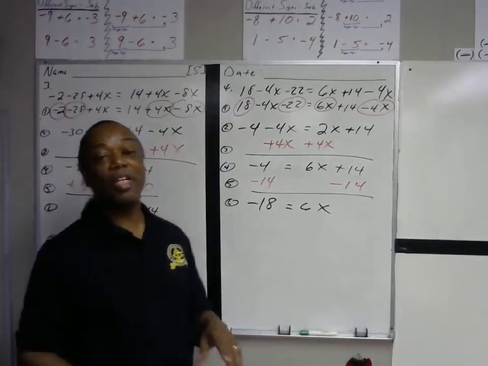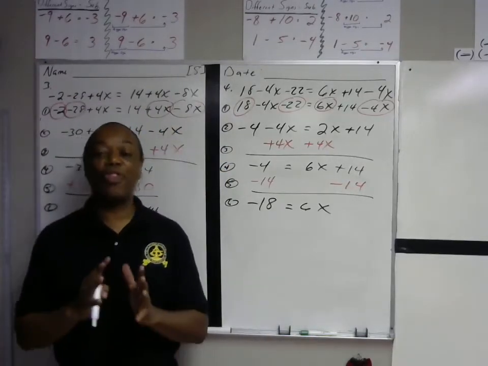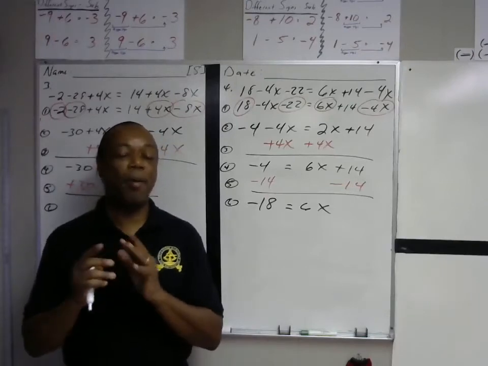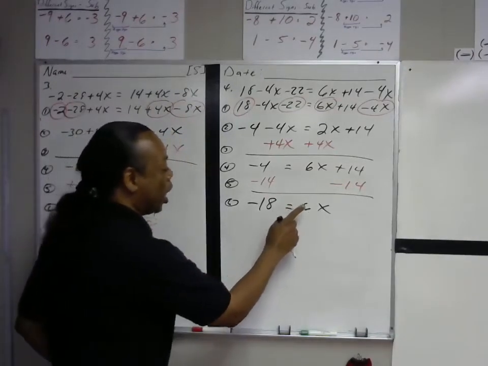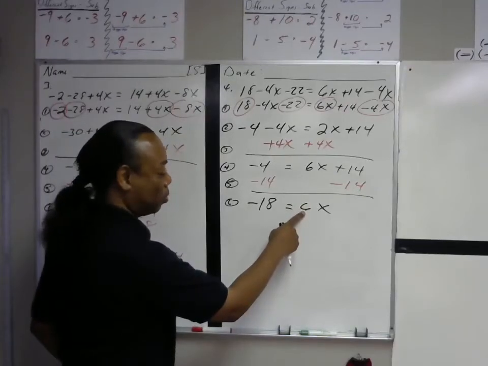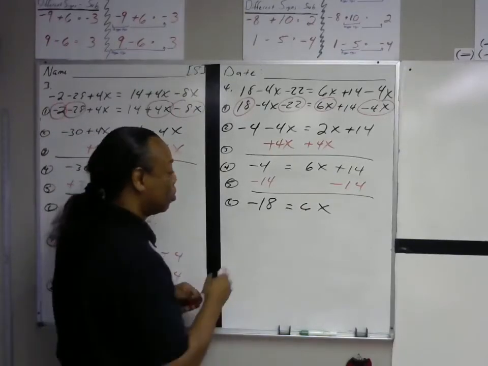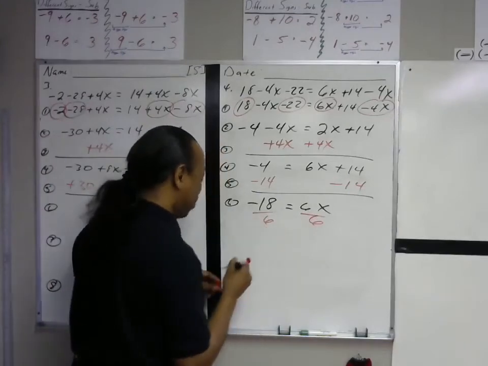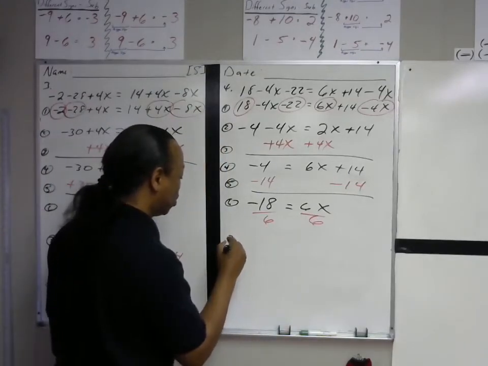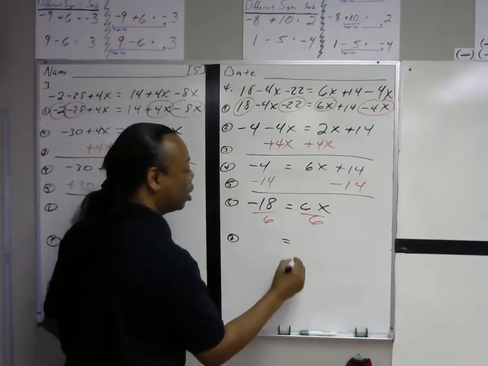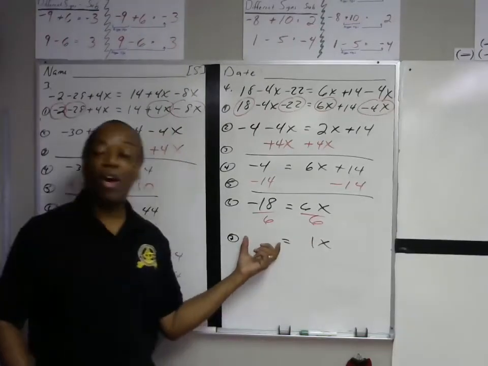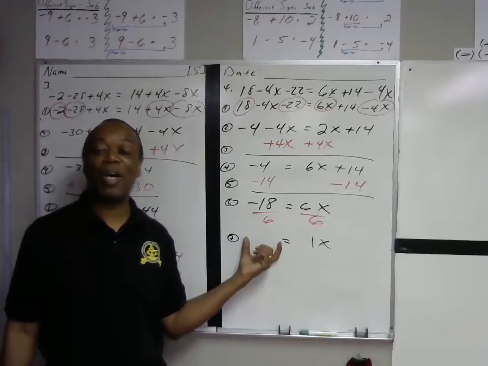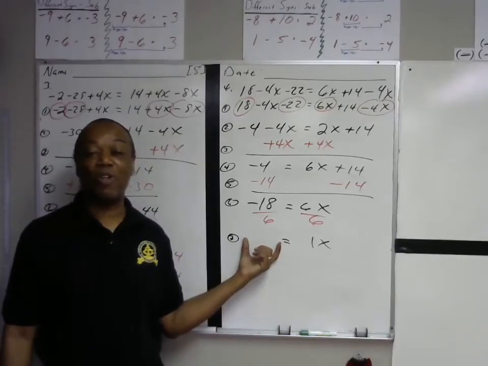All right. On the next step, this is where I've seen most of your mistakes. A lot of you have the same mistakes. How do you get rid of a multiplying 6? Divide it. Exactly. When I divide by 6 on both sides, you do get a 1x. But most every one of my students give me the answer 3.